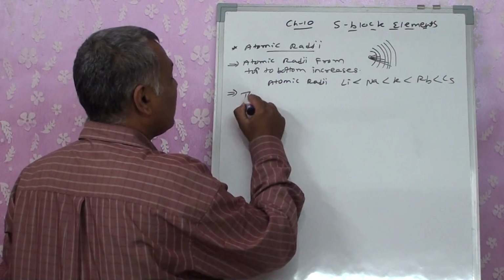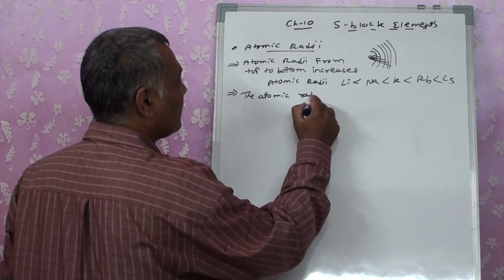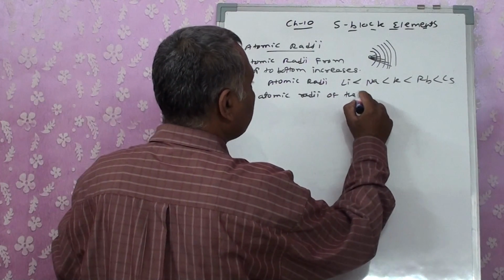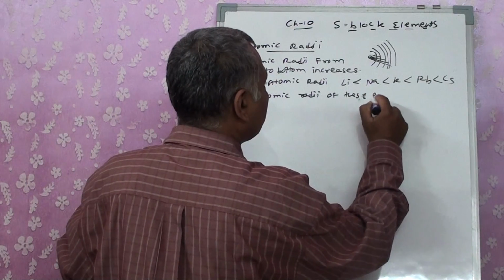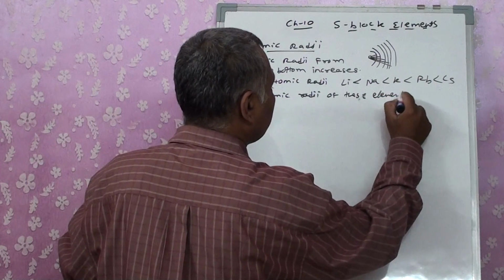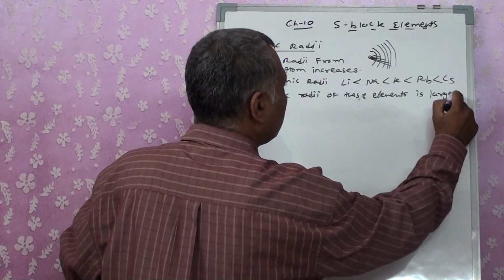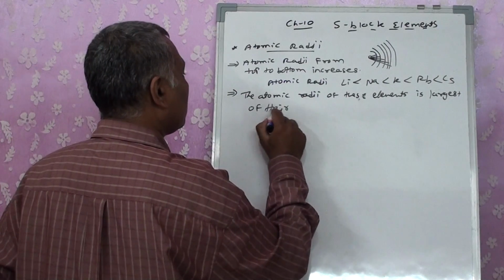So the atomic radius of these elements is the largest of their period.